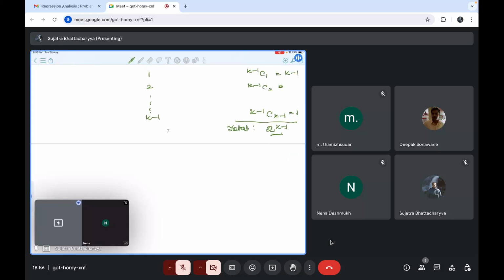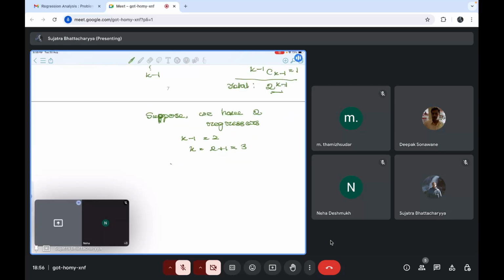So let me give you one example. Suppose we have two regressors. Therefore, k minus 1 is nothing but 2 because there are two regressors. So what will be k? It is 2 plus 1.